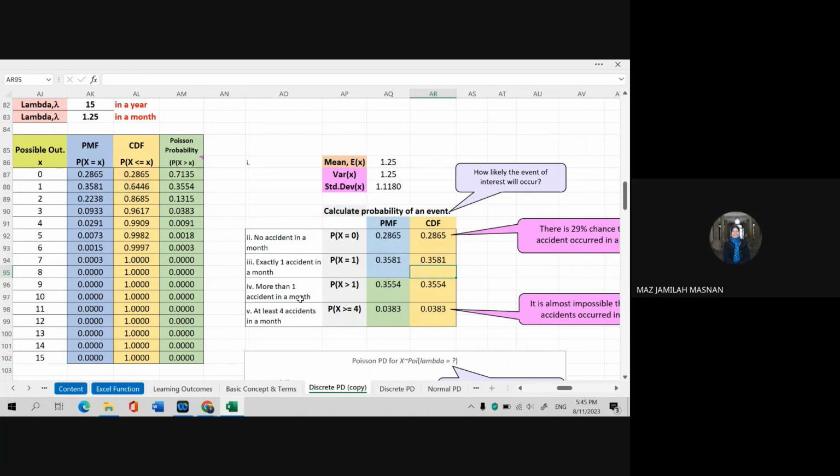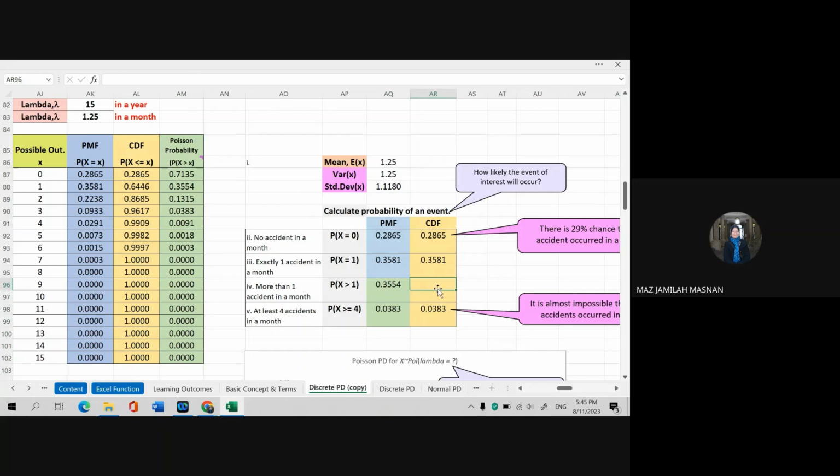Now, the next question refers to more than one accident in a month. If you are using the PMF, it will be impossible because you don't know where to add on. So in this case, to simplify, you generate the third column, and using the third column, simply it will be the location of 1. So that is the answer, directly from the third column.